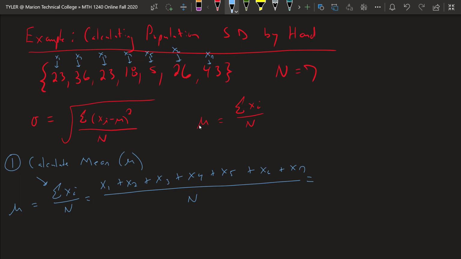So filling this in, we have 23 plus 36 plus 23 plus 18 plus 5 plus 26 plus 43, all divided by 7. The sum of those is 174, and then divided by 7, this is approximately equal to 24.85714.